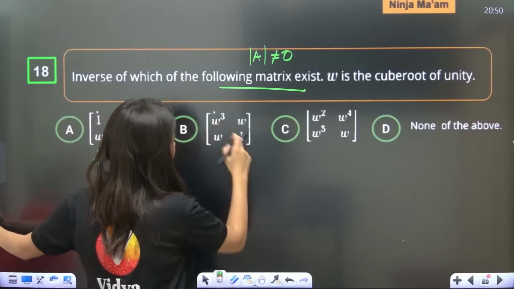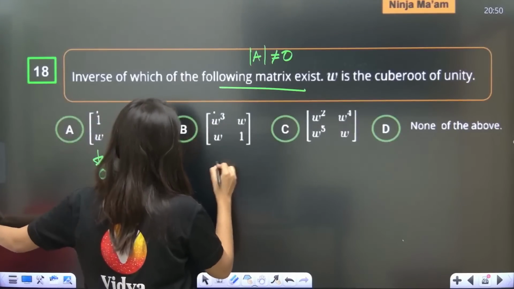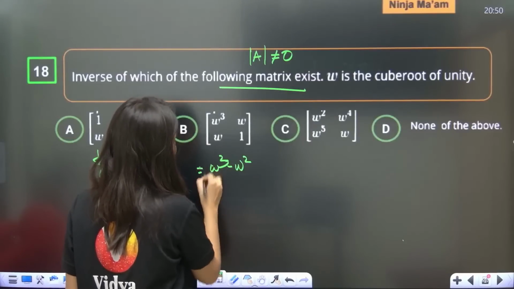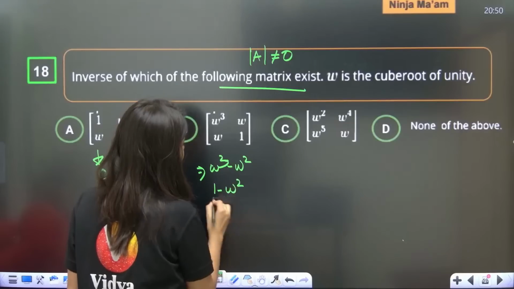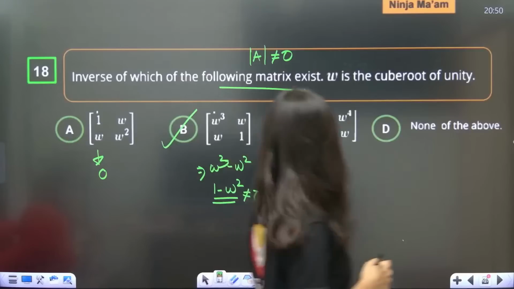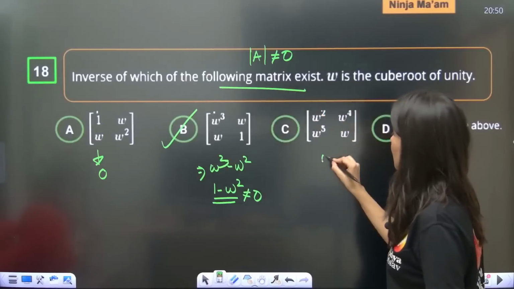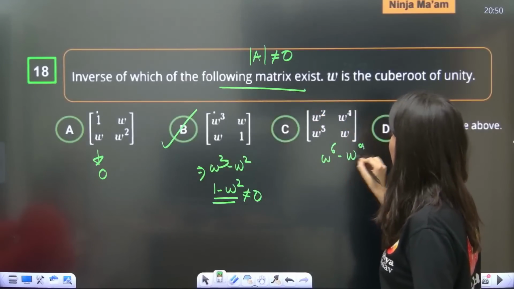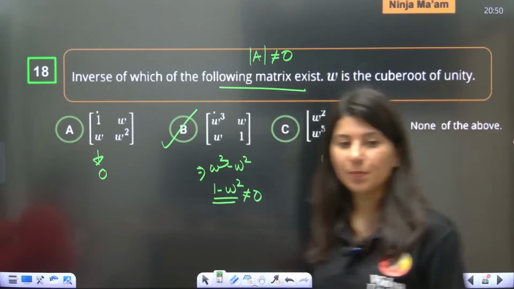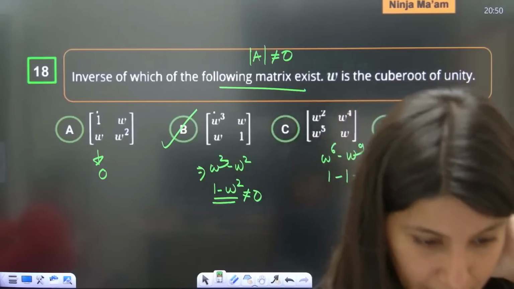From here, omega cube minus omega square, my dear students. So this is 1 minus omega square, which is a non-zero quantity. So option B is actually correct. From here, can you see? Crisscross, omega power 6 minus omega power 9. Both are 1. 1 minus 1 is 0. So that means option B is absolutely right. Okay.